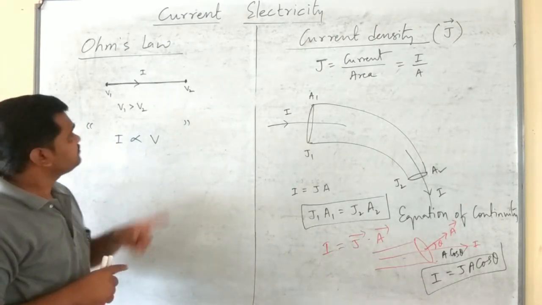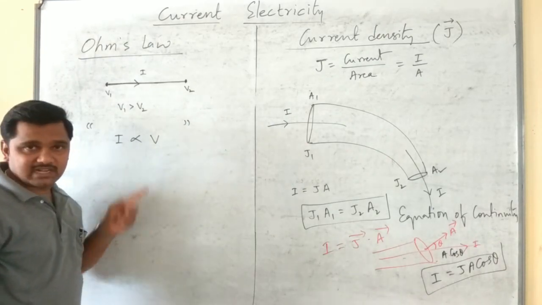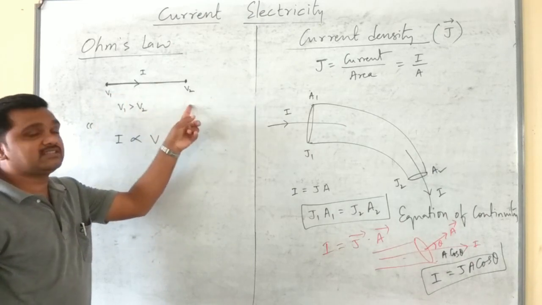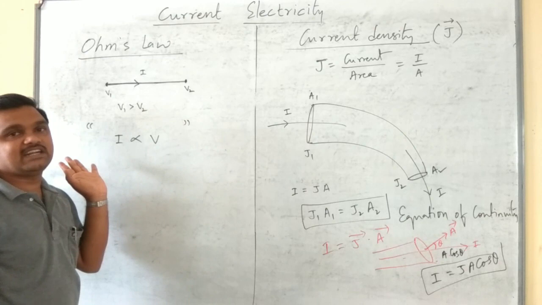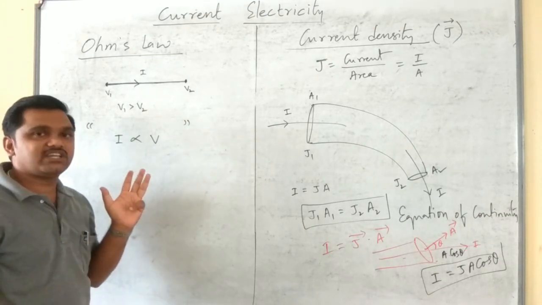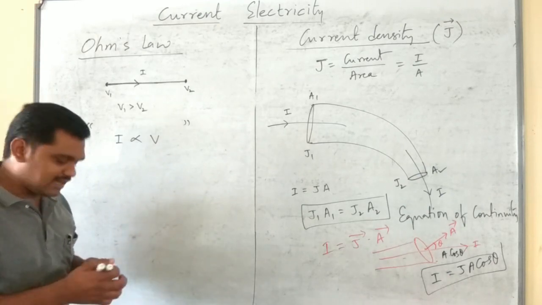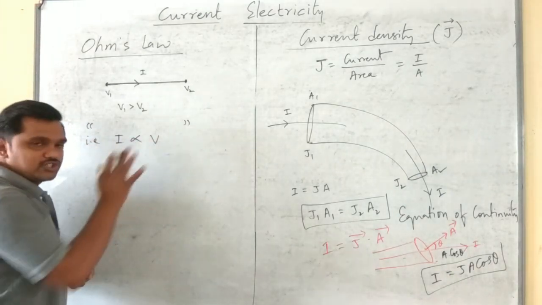Please remember, Ohm's law states that the current flowing through the conductor is directly proportional to the potential difference across its ends when the physical conditions like temperature, pressure, strain, etc. are kept constant. That is, I is proportional to V.